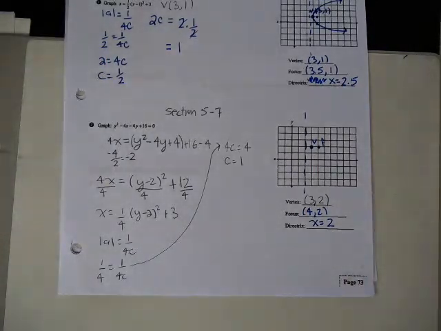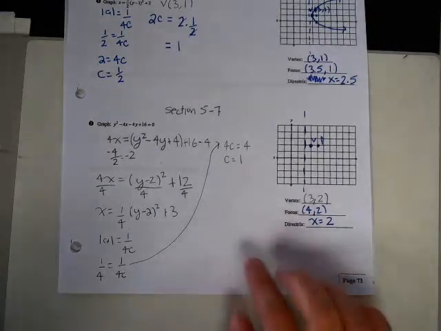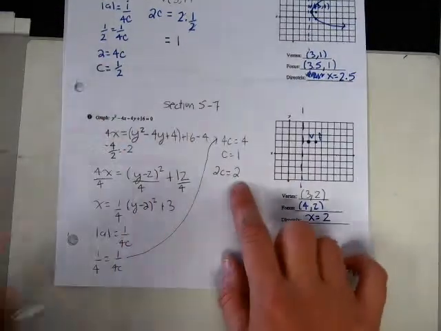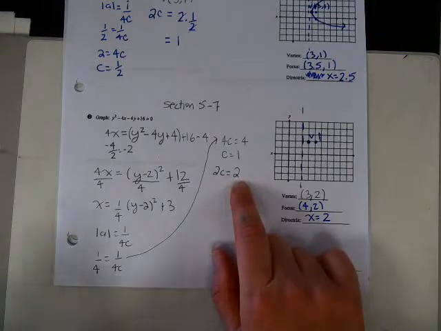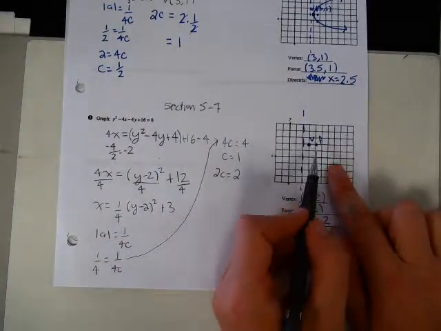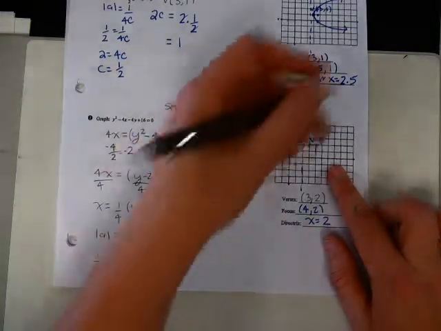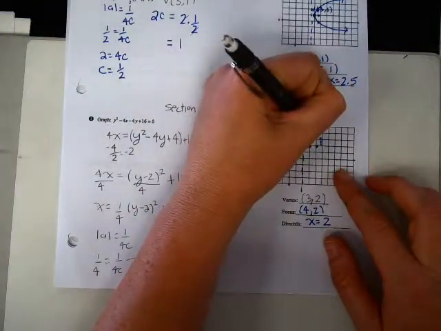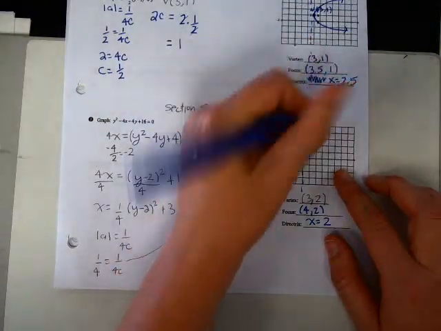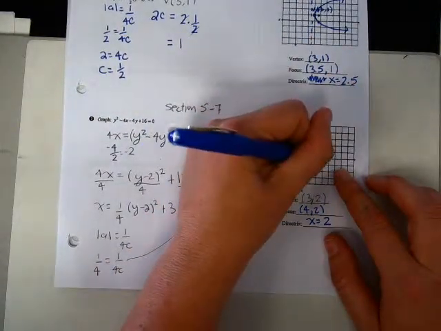So finally, I need to find 2 more points on this parabola. So I will multiply c times 2. 2c equals 2. So 2 is the number I will use. I go to my focus, and I go 2 units in either direction from my focus. 1, 2. 1, 2.